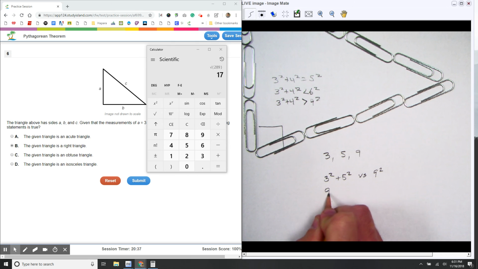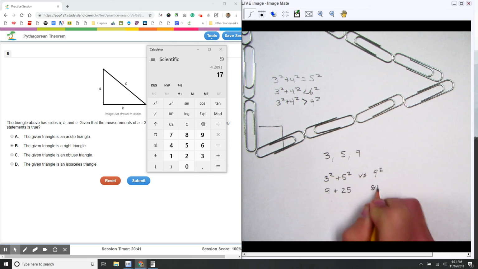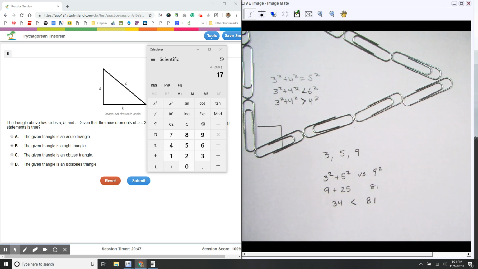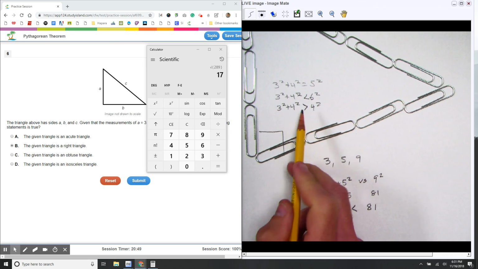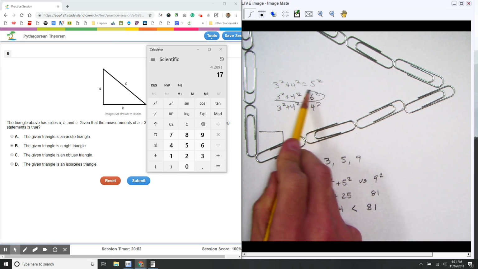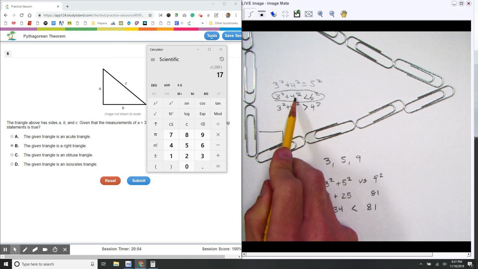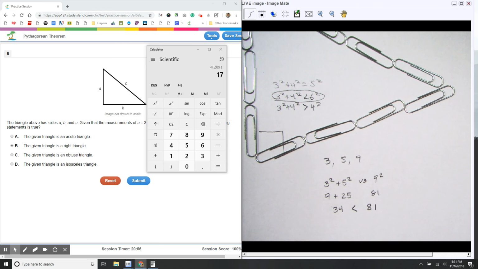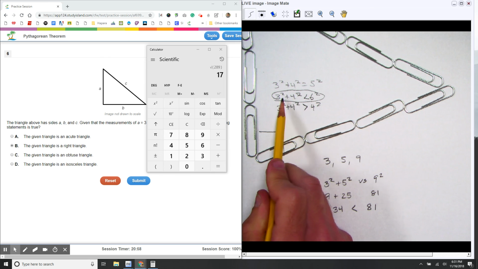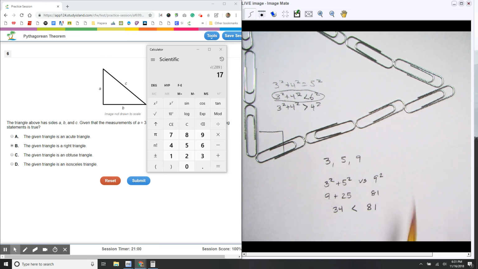Well, 3 squared is 9, plus 5 squared is 25, versus 9 squared is 81. 9 plus 25 is 34. 34 is clearly less than 81. So which situation is this? It's the one where the sum of the squares of the 2 shorter sides is less than the square of the third side. So this would be an obtuse triangle.